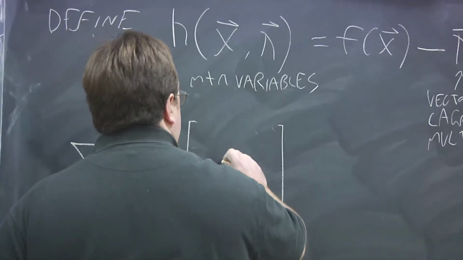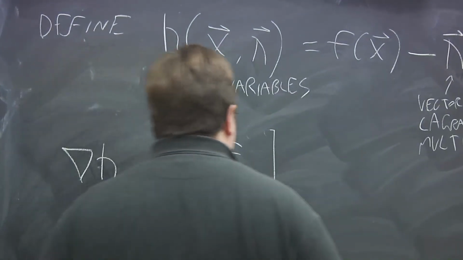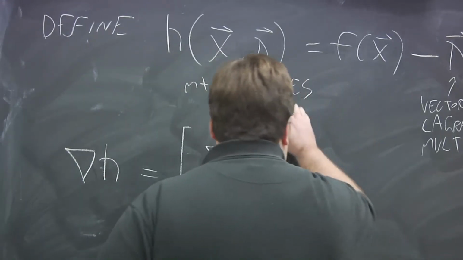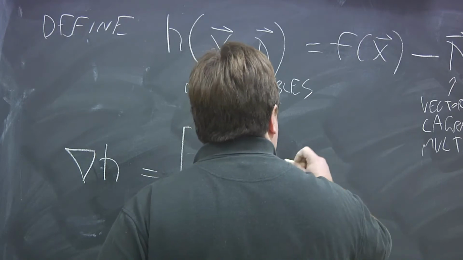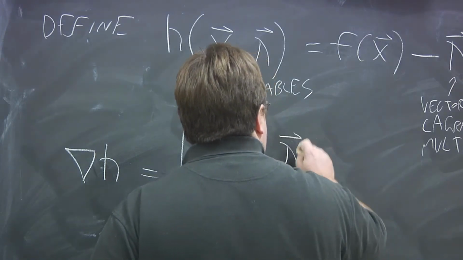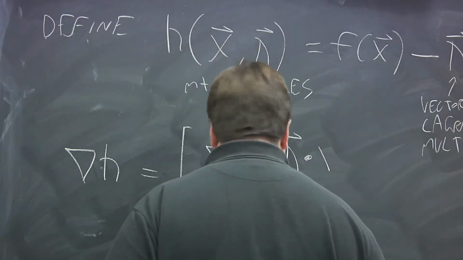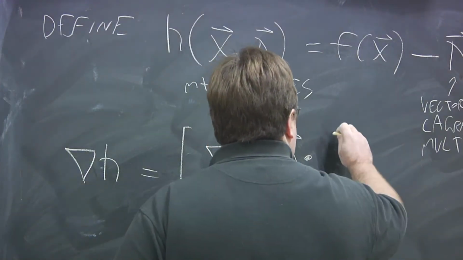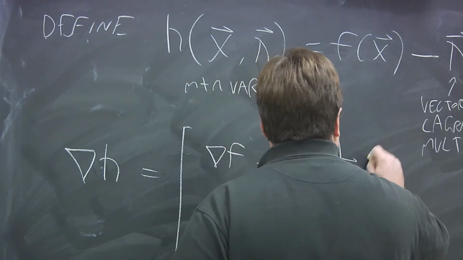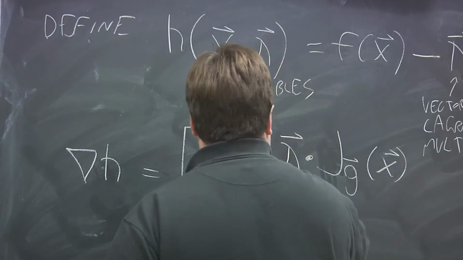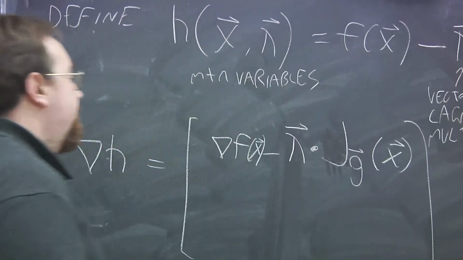The first n components will just be the gradient of f, minus lambda dot product with the Jacobian matrix of g. Okay. So that's the first part.